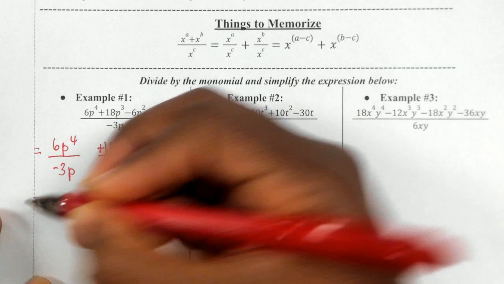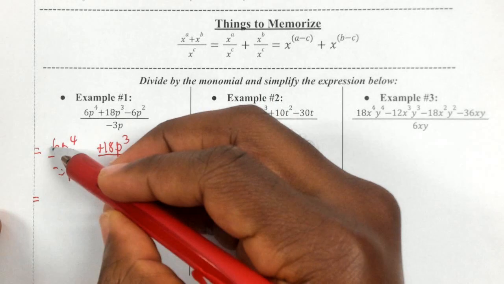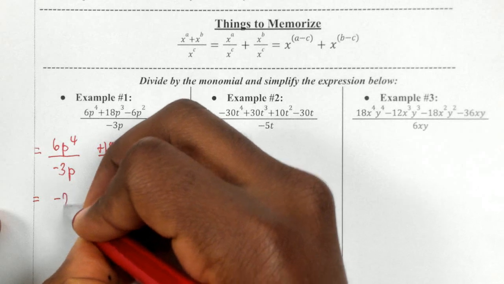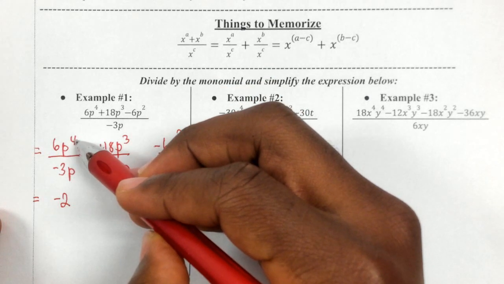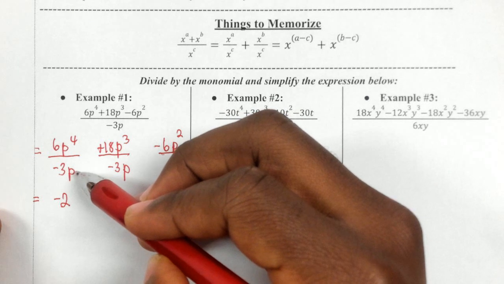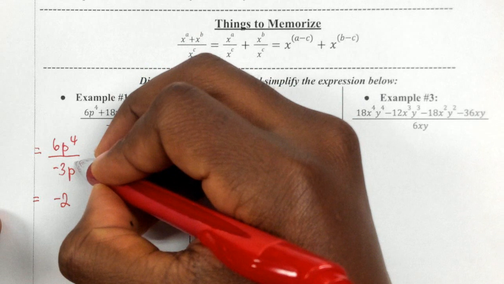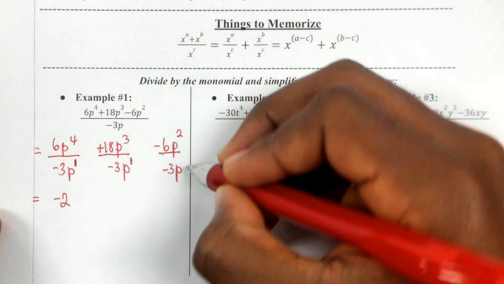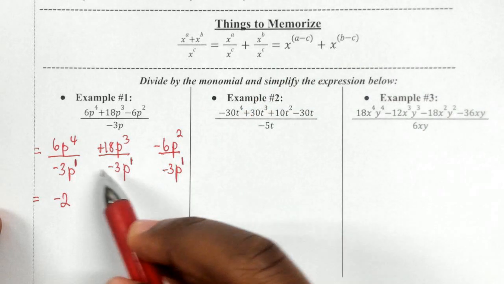First we're going to divide the numbers. When I divide 6 by negative 3, I get negative 2. Here I have a p to the fourth, here I have just a p, which means only one p, a p to the first power. When you don't see an exponent, you assume it's to the first power.